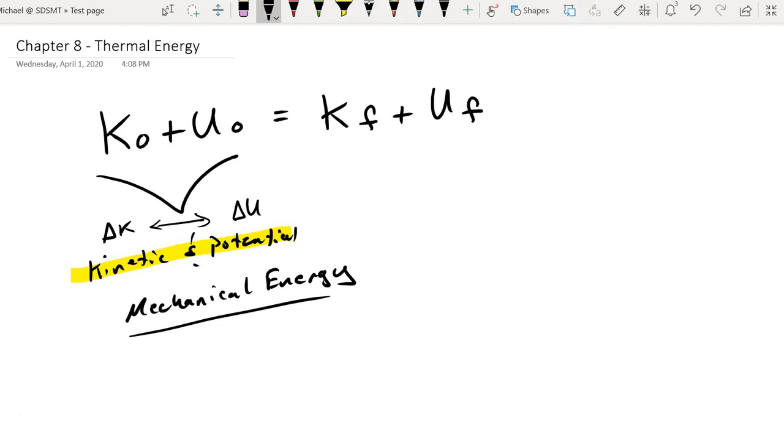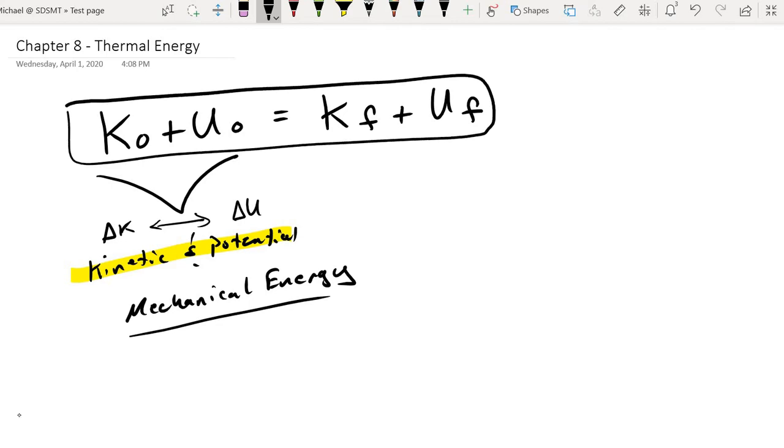However, this expression is only valid if we're working in a system that does not have any non-conservative forces. So another way to say that is this expression would only work if we were in a system that involved conservative forces.